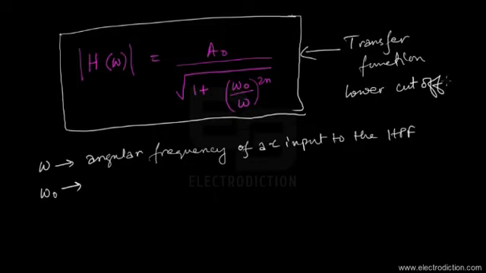So this is exactly that particular value that we are talking about over here. If you try to remember a bit, the lower cutoff frequency is that very frequency above which the filter's gain basically increases.